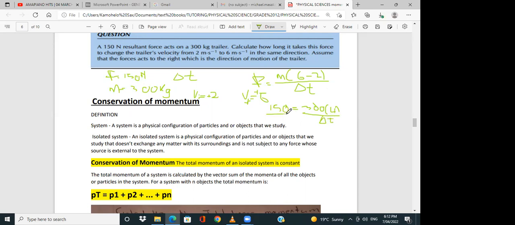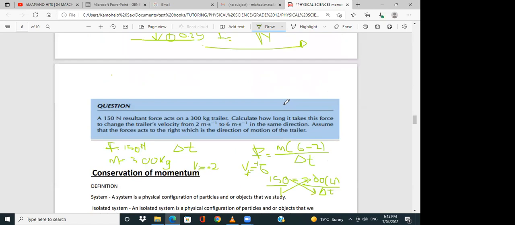Okay, guys. Now, what you're gonna do here is that you're gonna cross multiply everything. After cross multiplying everything, you're gonna have 150 delta t is equal to what? 300 multiplied by 4. I don't know what that is. Don't have my calculator with me, but then I will just do this.